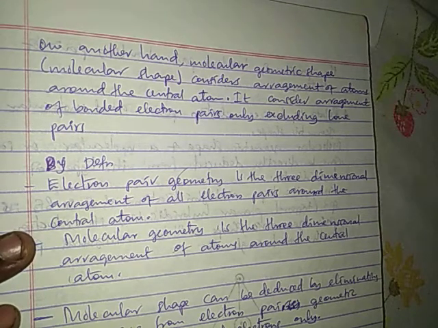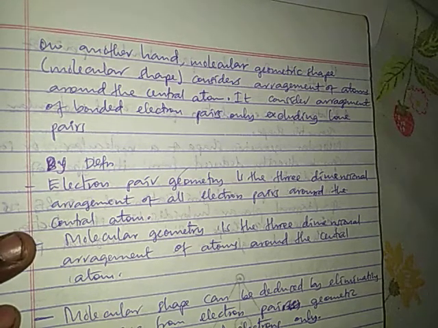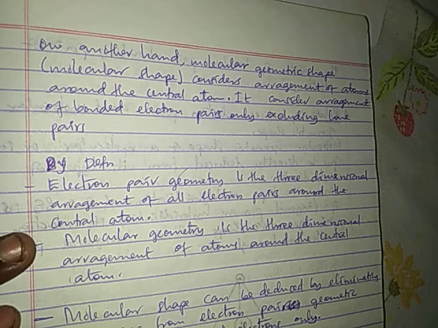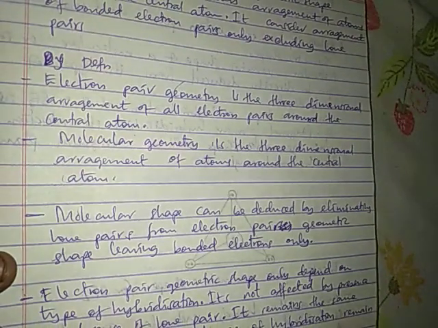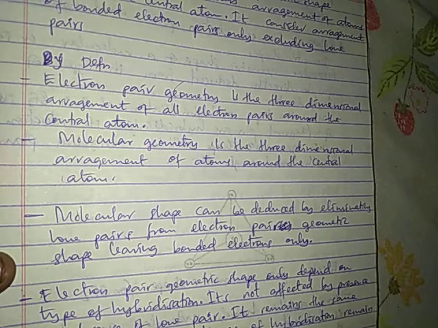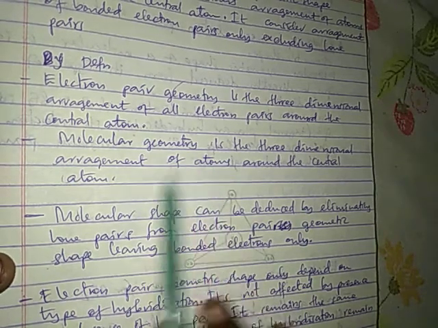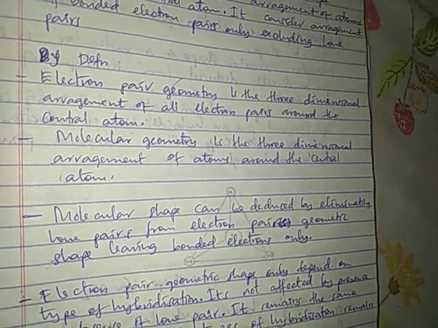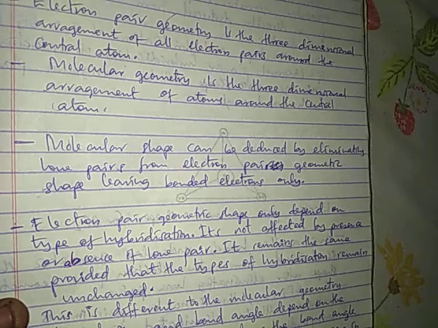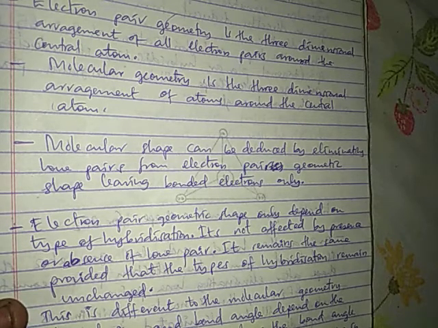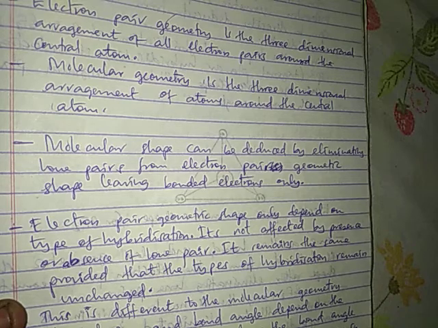So I hope from these two definitions you have understood that the electron pair geometry is the three-dimensional arrangement of all electrons around the central atom, while the molecular geometry is the three-dimensional arrangement of atoms around the central atom. It does not consider lone pairs. So molecular shape can be deduced by eliminating lone pairs from the electron pair geometry shape, leaving bonded electrons only.